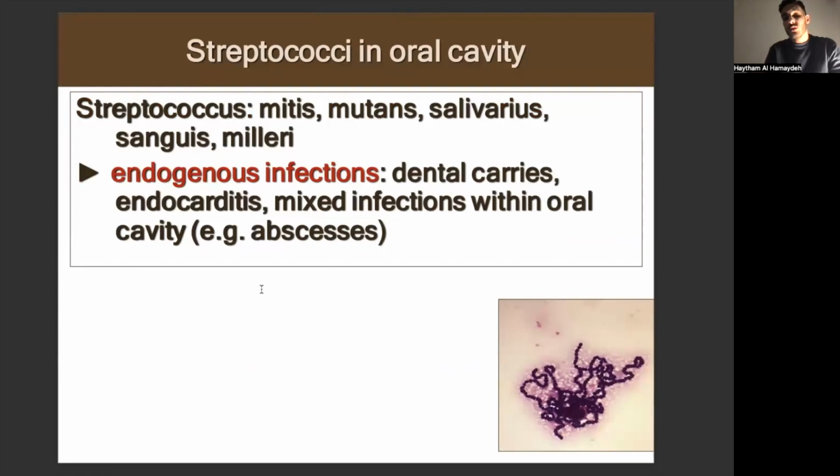In the oral cavity, these are just strains of the oral Streptococcus, such as mitis and mutans, and they cause either dental caries, and if they get into the blood, they cause endocarditis. This is why hygiene of the teeth is very important.